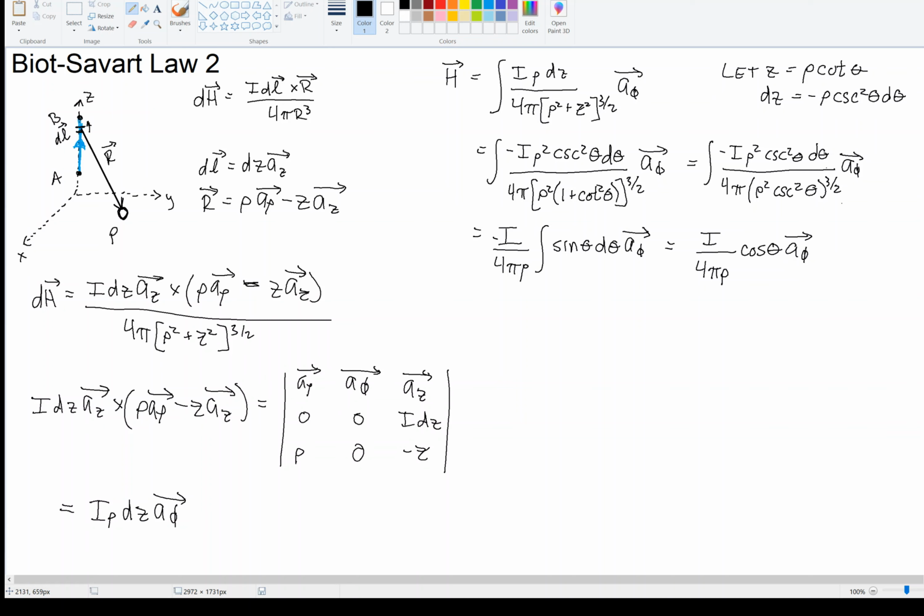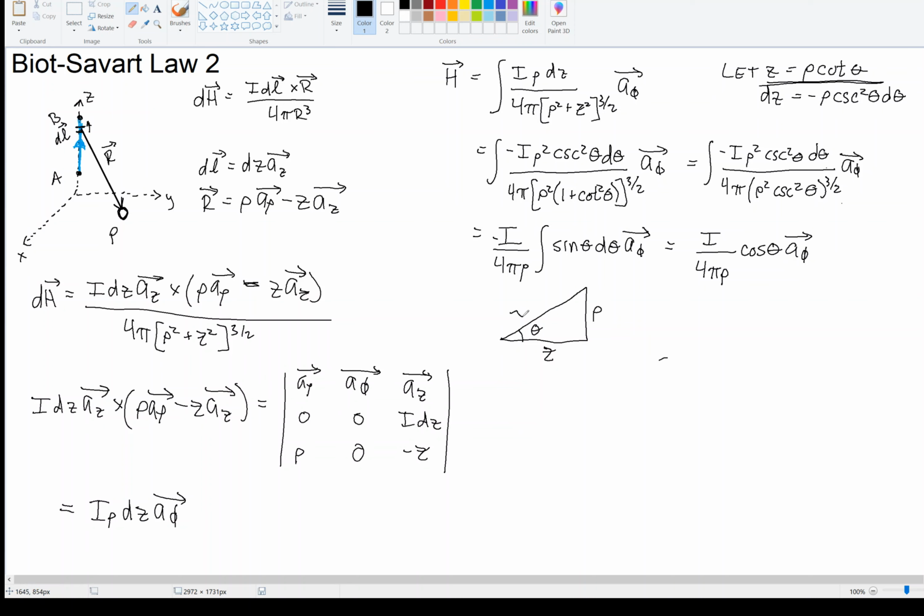And now I need to put z's back. To do that, I draw a right triangle. You can set up your right triangle however you want, but pick one of the non-right angles to be theta. We said that z was equal to rho cotangent of theta. So cotangent is adjacent over opposite. I need the adjacent to be z, and I need the opposite to be rho, so that when I do cotangent of theta, I get z over rho.